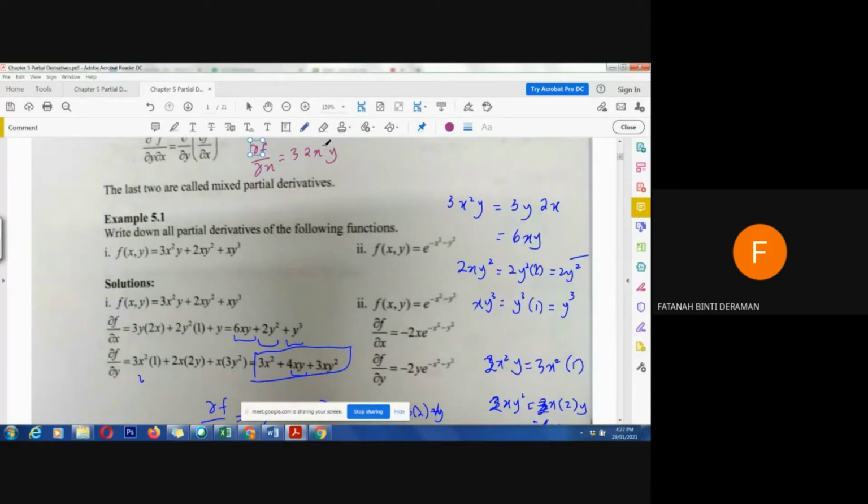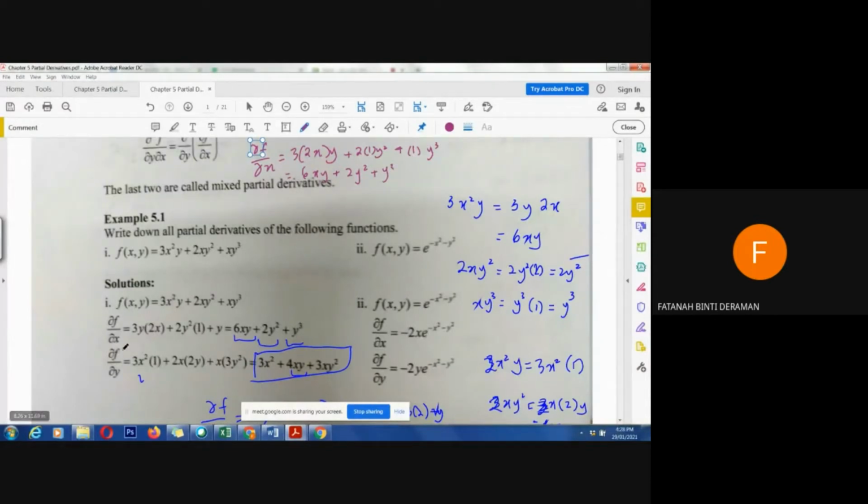We differentiate x squared to get 2x. Here we differentiate x only, and we maintain 2y squared. Differentiate x, we will get 1, plus here y cube. Alright, and then we simplify, we have 6xy plus 2y squared plus y cube.